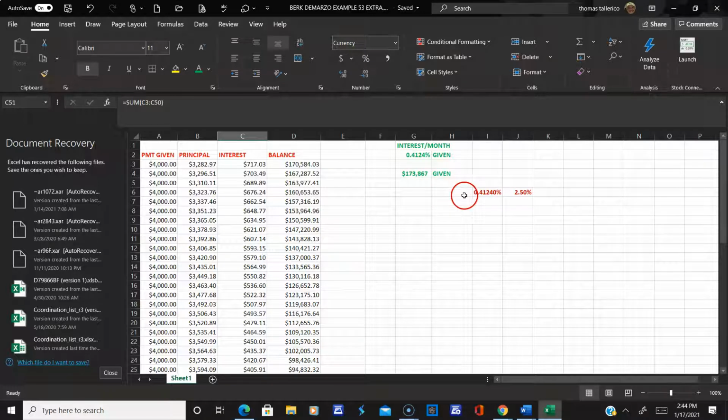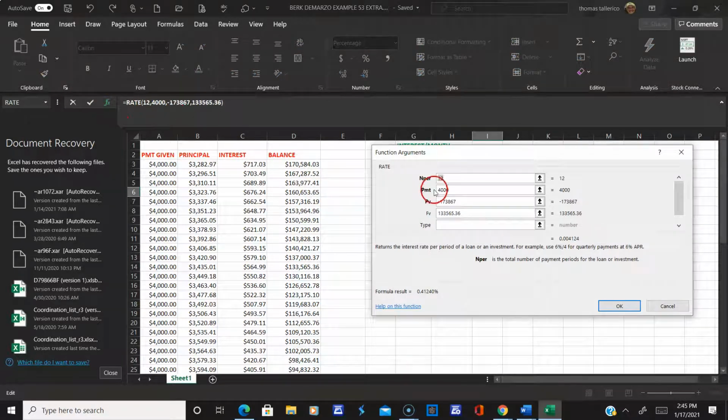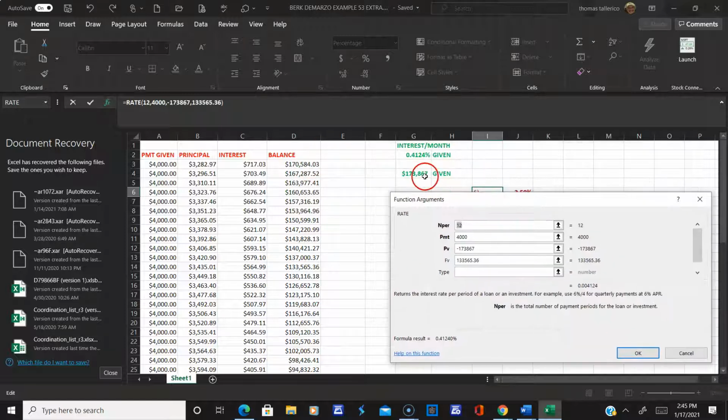All right, so just to show you how I can get to 0.4124 real easily, they were using equations. I go over to here, and this is the rate function in Excel. And again, here's 12 periods, right, for the year. And I have a $4,000 a month payment. And here's my present value, which is right over here, right?